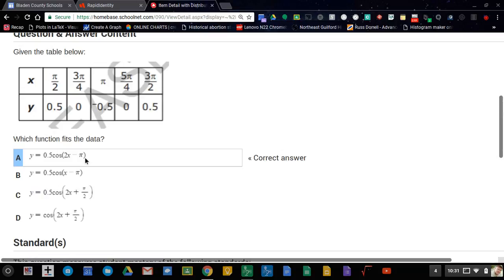Okay, this one, guys, says given the table below, which function fits the data? Okay, before I touch my calculator, before I start just guessing, can we think about what pops into your mind when you see this problem?